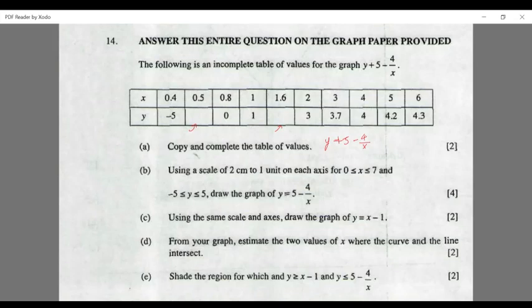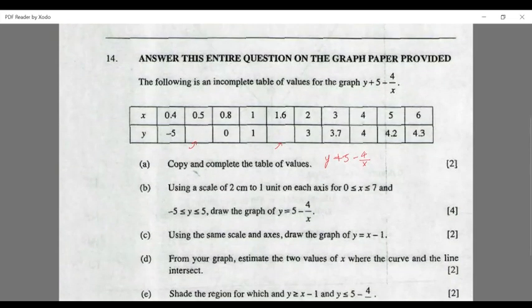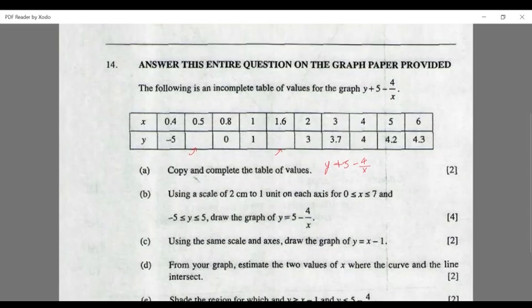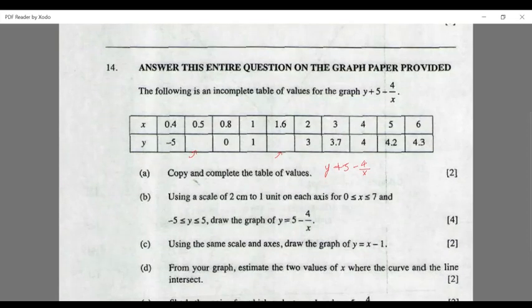Anyway, it looks like they're doing y plus 5 minus 4x. I mean, this needs an equal sign, so I'm going to assume that this is actually just an equal sign and not a plus. I think they made a typo, because otherwise there's no way you can solve this. So y is equal to 5 minus 4 over x.